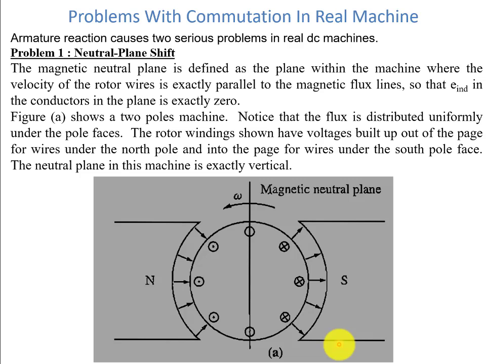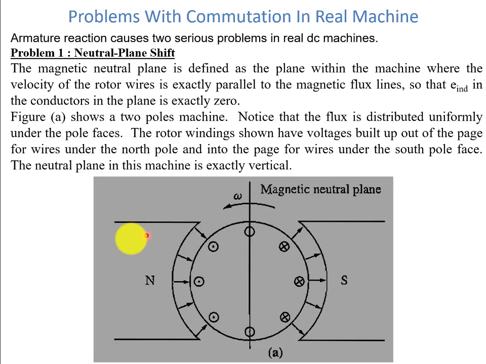So what happens with this armature reaction? Armature reaction causes two serious problems in real DC machines. One problem is the neutral plane shift. The neutral plane is defined as the plane within the machine where the velocity of the rotor wires is exactly parallel to the magnetic flux lines.